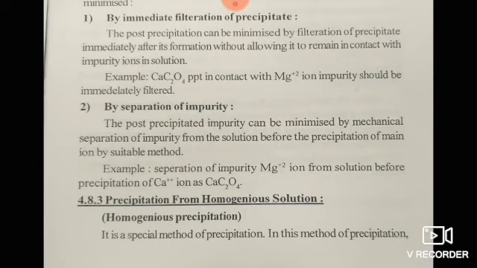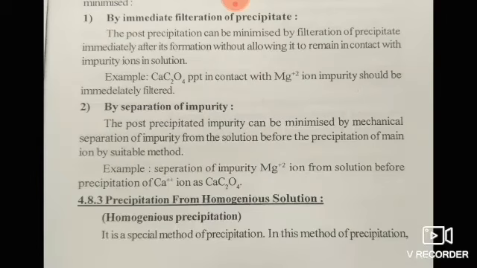The second method for the elimination of post precipitation is by separation of the impurities. The post precipitated impurities can be minimized by mechanical separation of the impurity from the solution before the precipitation of the main ion by suitable methods.